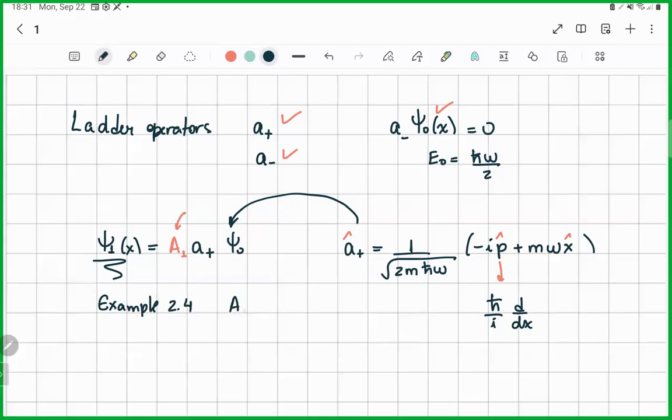We found that this A1 is just 1. We solved integrals of Gaussian functions, and we found that this is just 1. But in general, it's not 1, and it's a tedious procedure to solve these integrals of Gaussians. There is another way to ensure normalization using the algebraic method. Very elegant, and that's what we are going to do now.